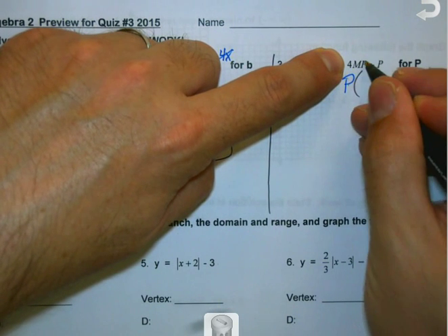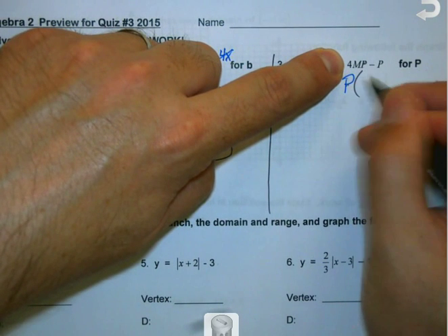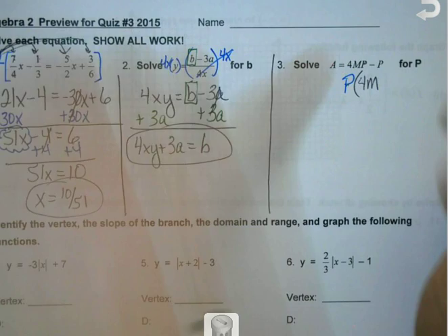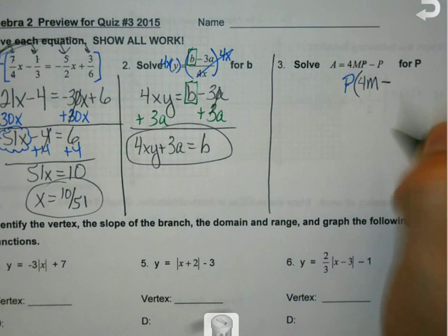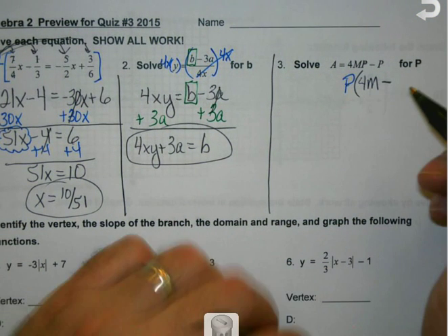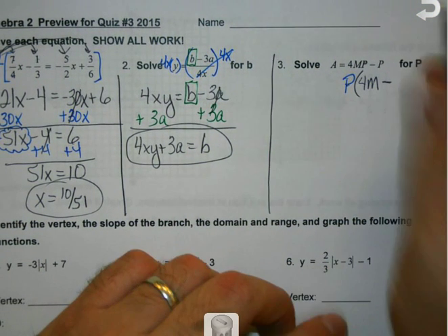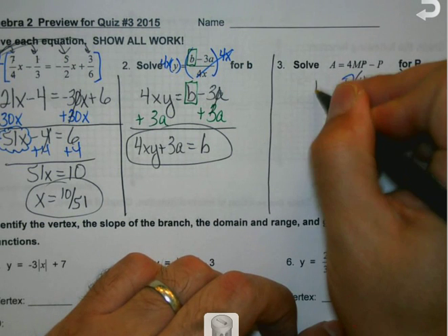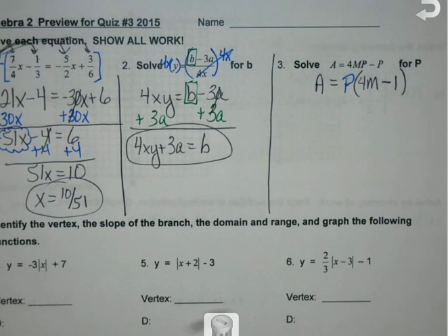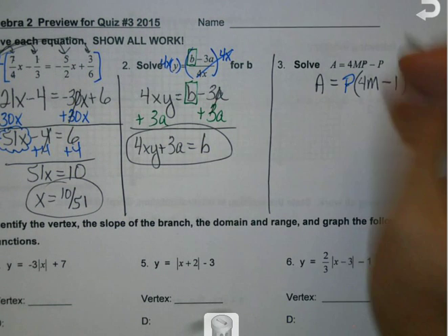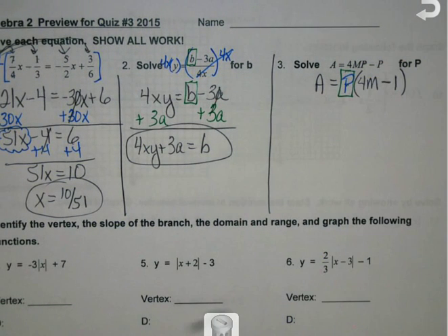Okay, the first term, I've already got p. Still need the 4m. Now here you're like, well, I already got the p, so I just put nothing? No. We need a 1 to hold the place. And the reason that worked well for me is, now notice I went from 2 p's down to 1. And now I've only got one step to get this p by itself.